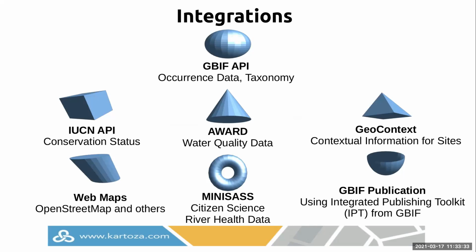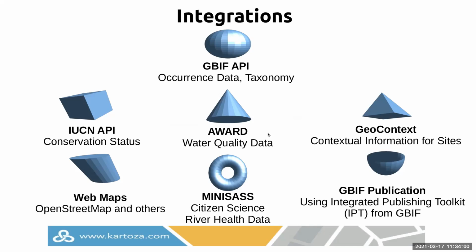I think we've mentioned a lot of these already, so I won't belabor the slide too much, but as well as building the platform from different software components, we also tried as much as possible to integrate with these other projects. We're going to hear from Hugo in a future session, and from Award about the work they do with publishing water quality data, and there's the miniSASS citizen science project, and we integrate with that.